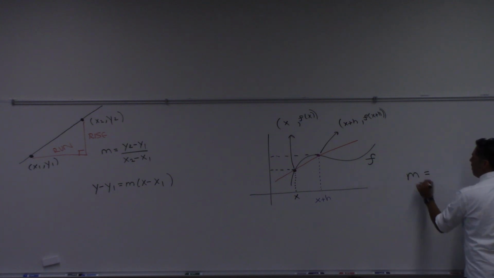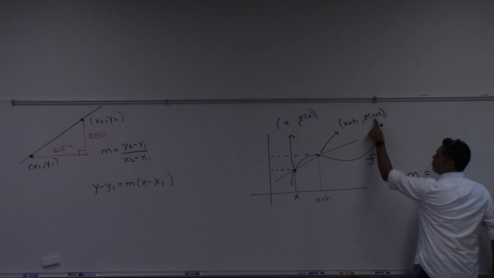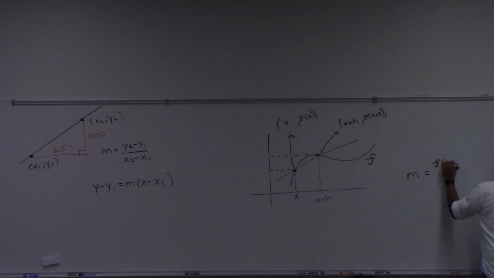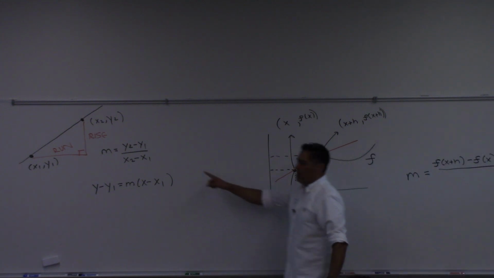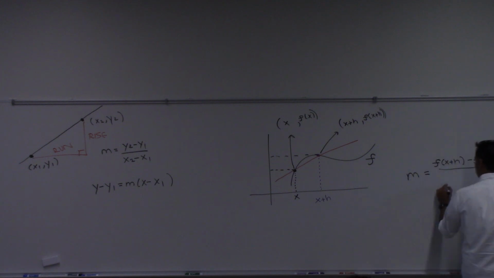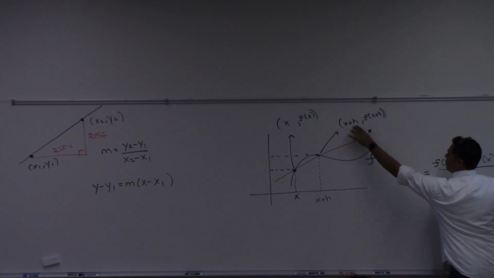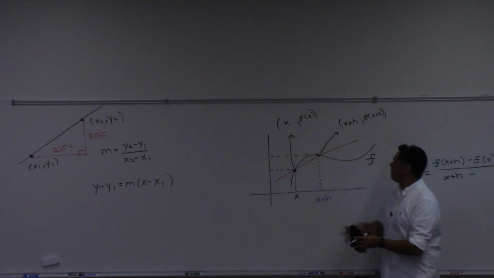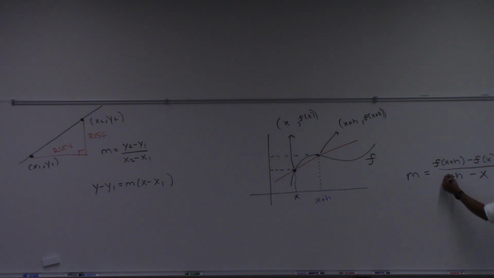The slope of that red line would be f of x plus h minus f of x. That's the y2 minus y1 over, what's x2? x2 is x plus h minus what? x. Do you see that the x's go away here, and you just get this right here?